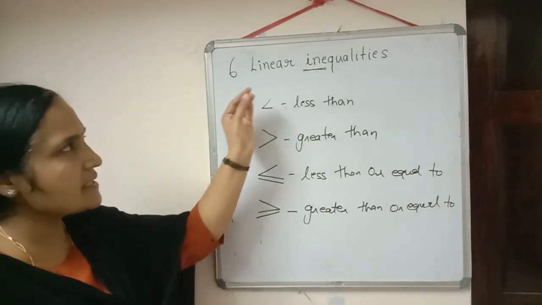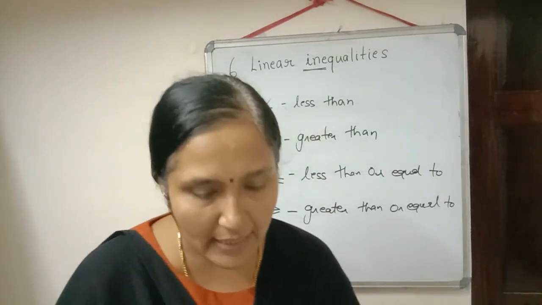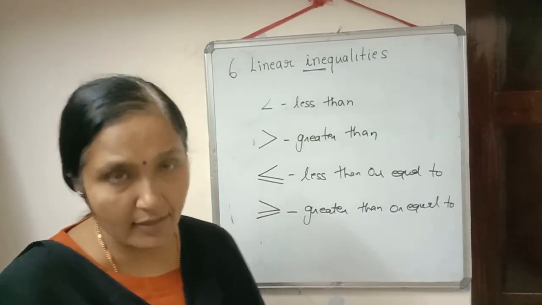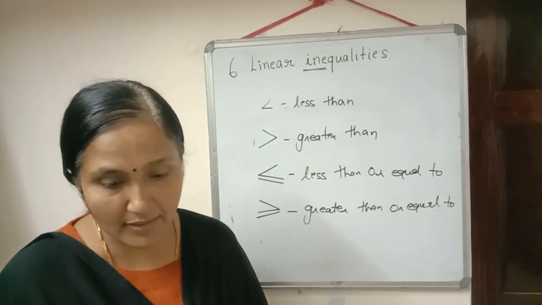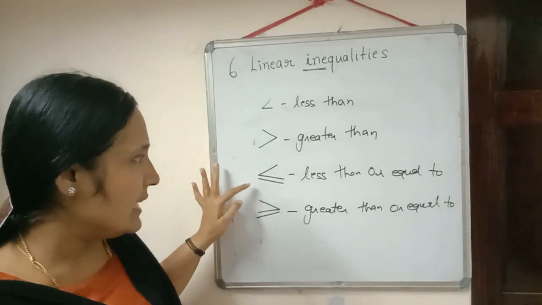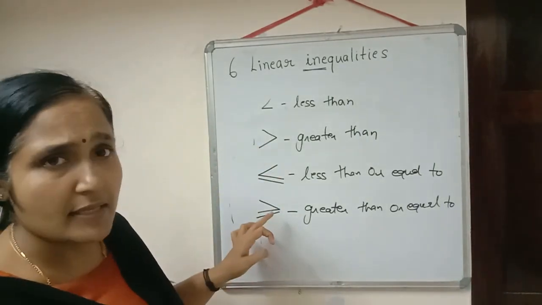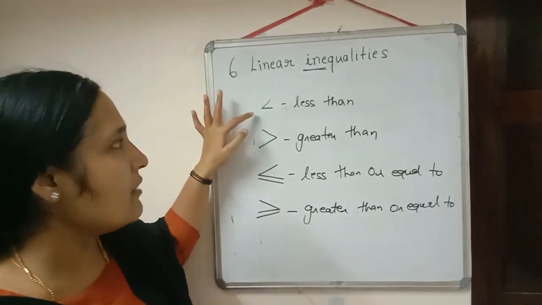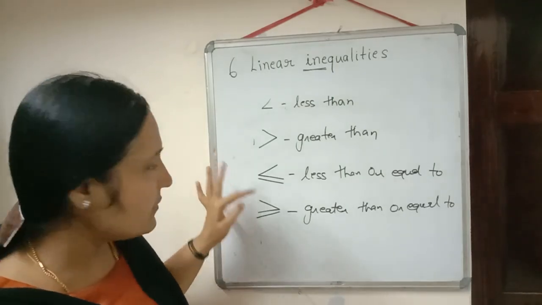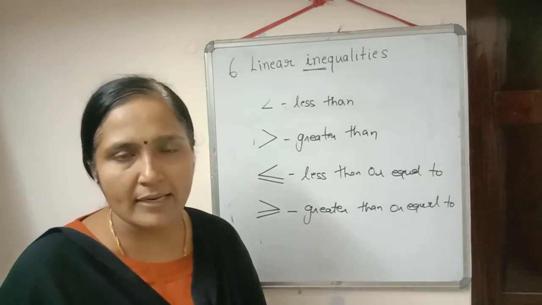So first we can write down the definition of linear inequality. Statements involving less than, greater than, less than or equal to, greater than or equal to are known as inequalities.